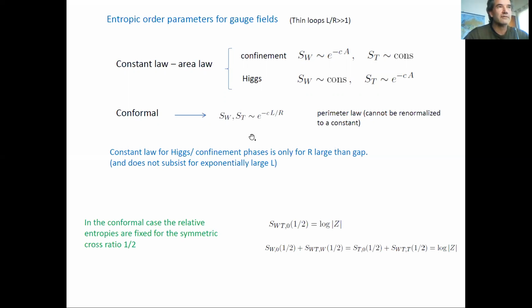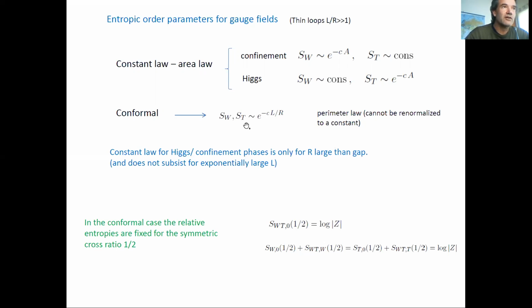Yeah. What I say is that we have some kind of qualification of that commentary in this context, because in the conformal case there is no way you can renormalize in order to have a constant here. You can multiply by something, but your order parameter will still be a perimeter law.